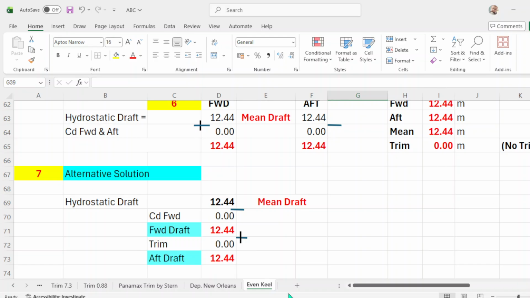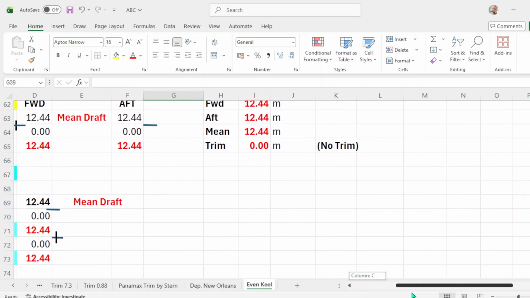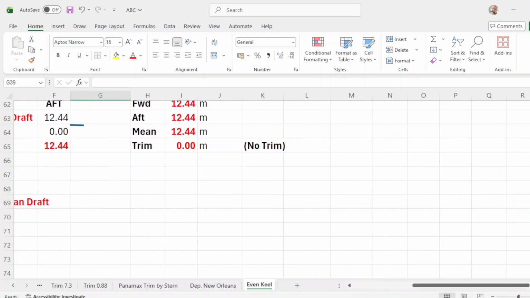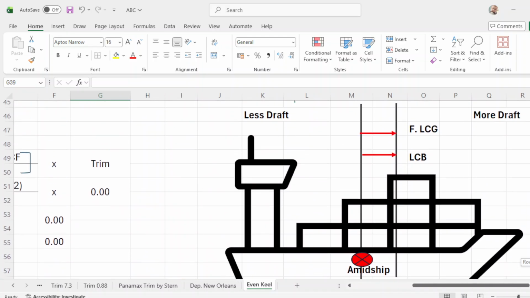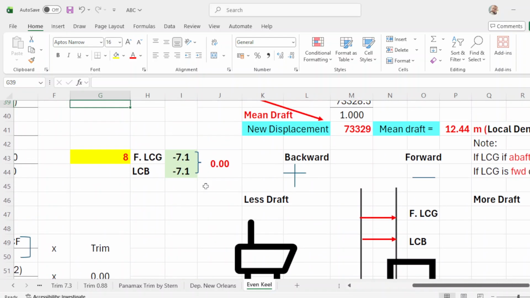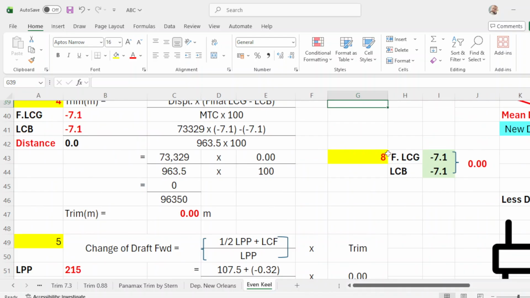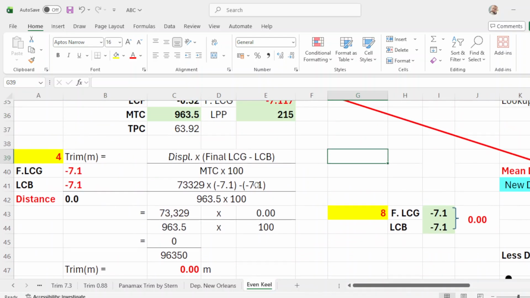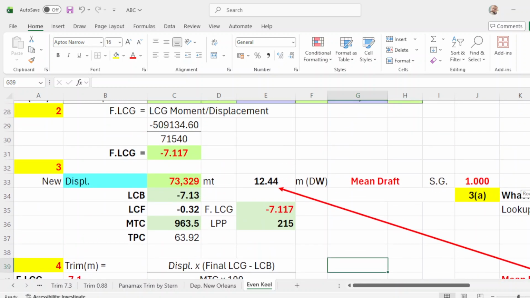That will be 7. We go now to number 8. Okay, number 8 will be this one. So take note, our LCG and LCB difference is 0. To be exact, your final LCG is negative 7.11, which is this one, and your LCB is negative 7.13.